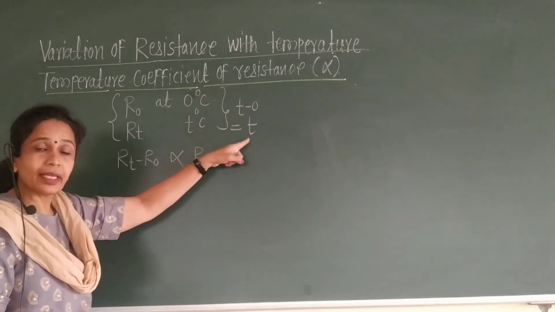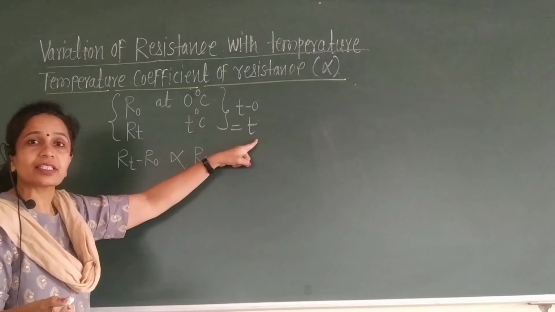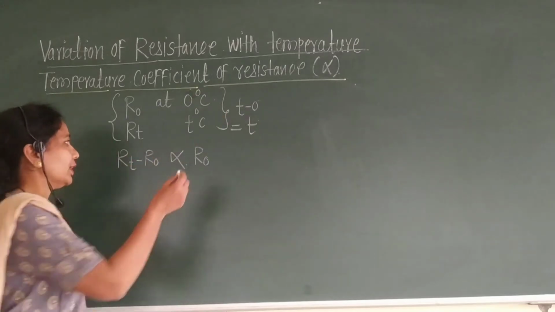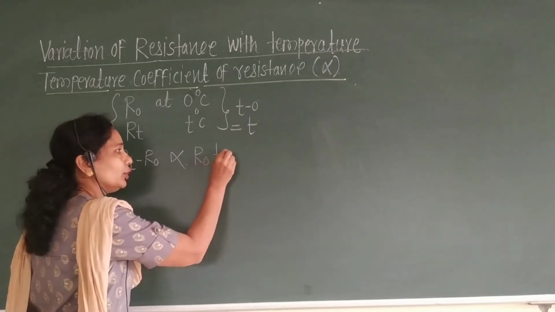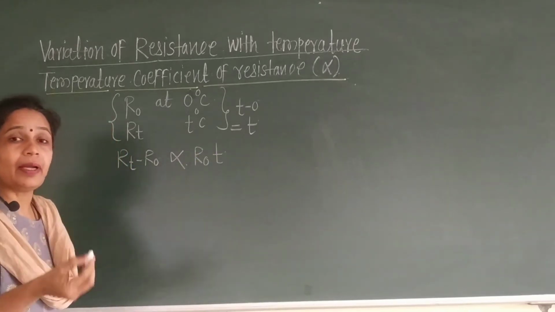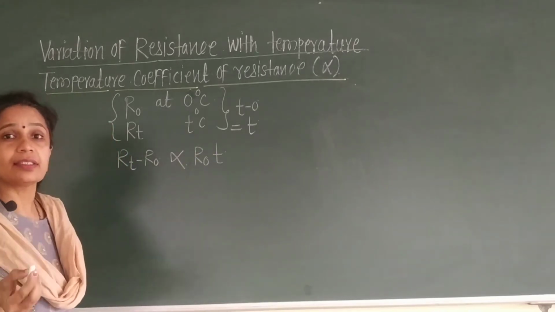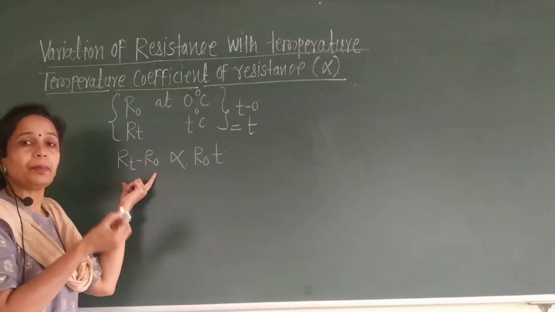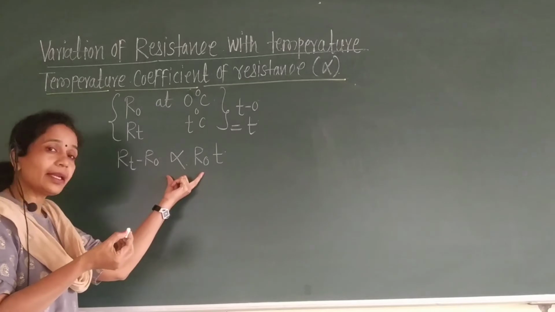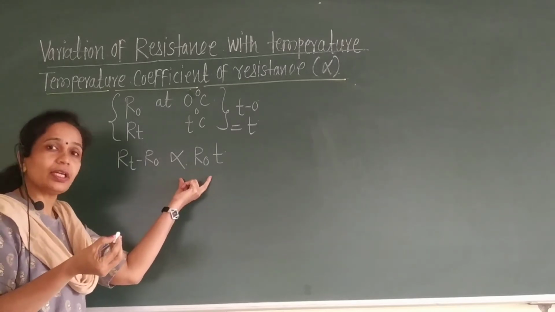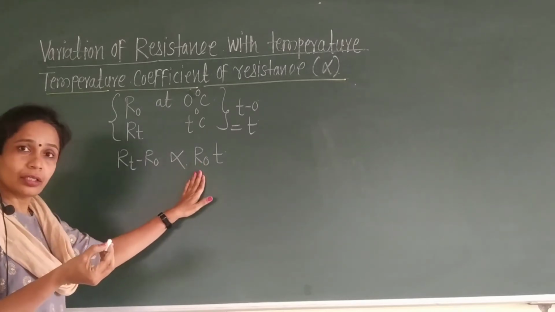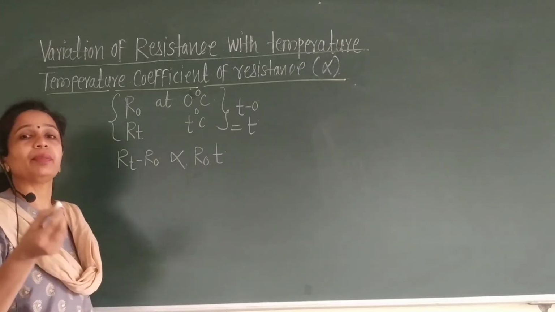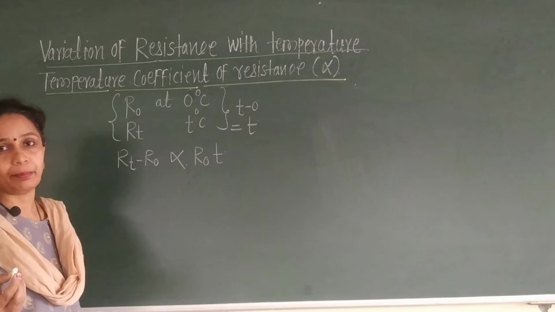What is the rise in temperature? Rise in temperature is T minus 0, which is equal to T. Therefore, R0 into T. Experimentally, we will get this result. Increase in resistance, that is RT minus R0, is directly proportional to the original resistance R0 into T. T means rise in temperature.